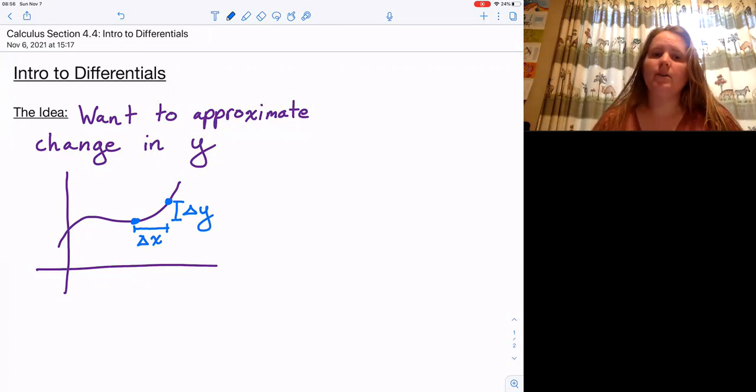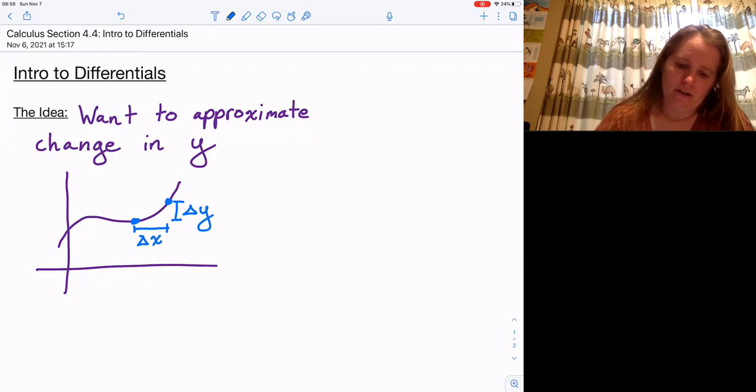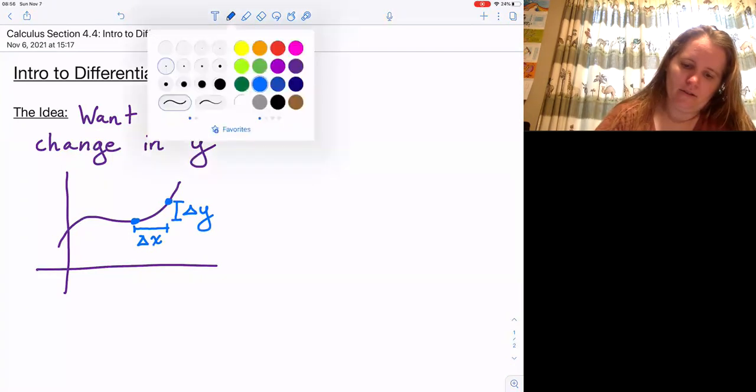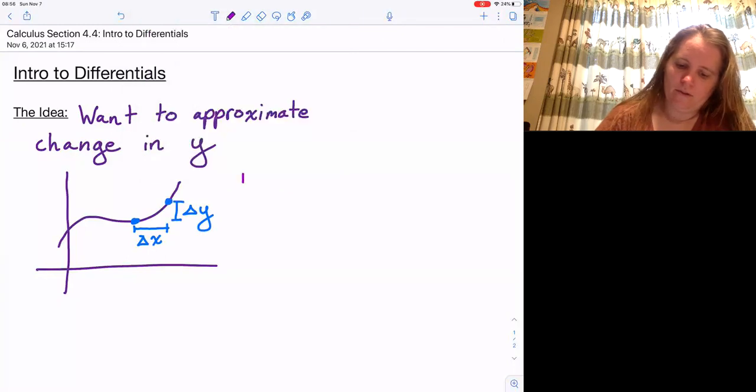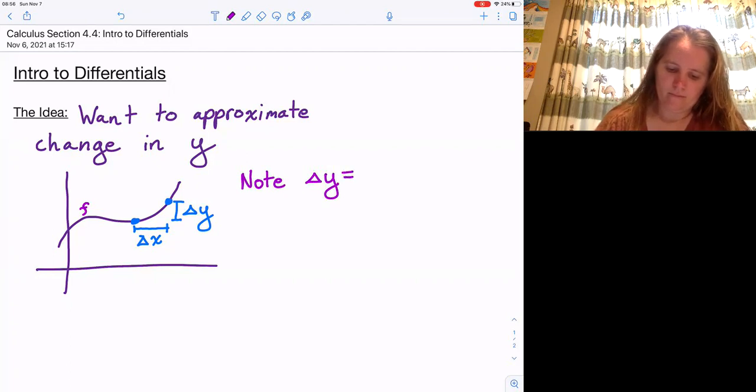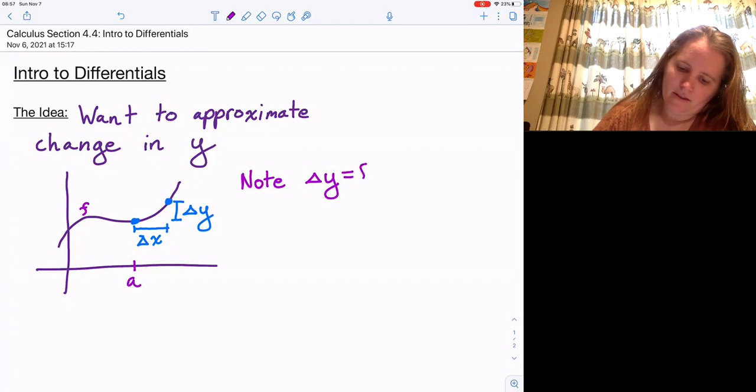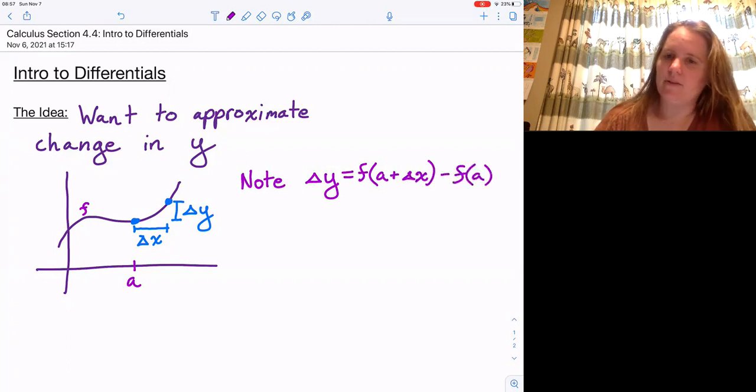So we could actually calculate the change in y. Right? So note, if this is the function f, and we say this is at x equals a, the change in y would be f of a plus the change in x minus f of a.